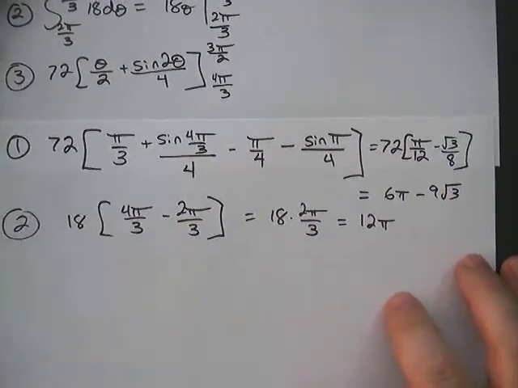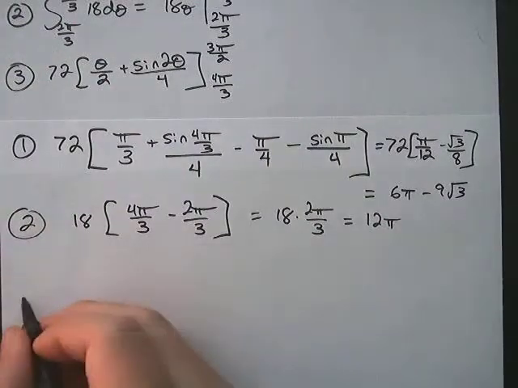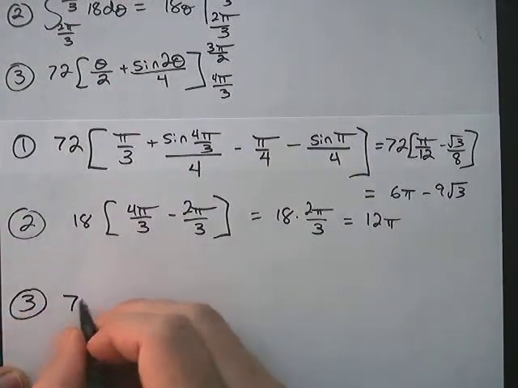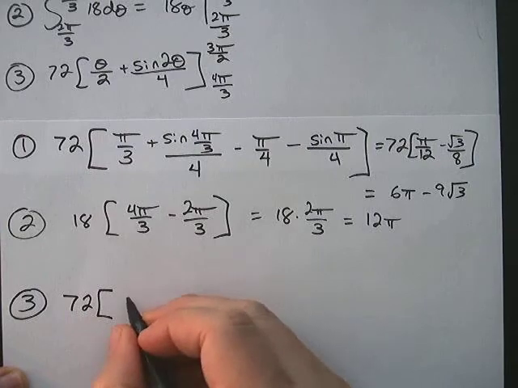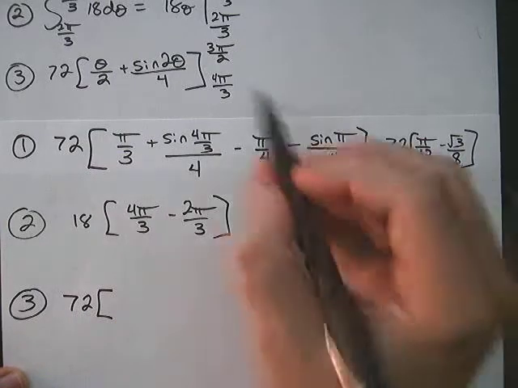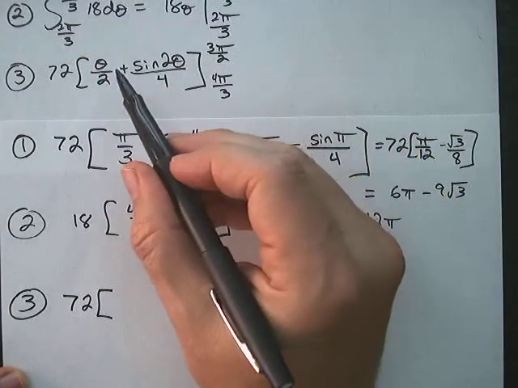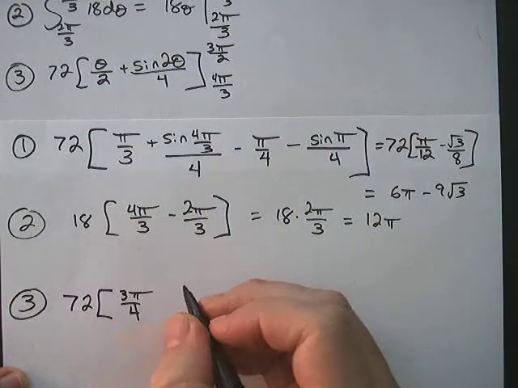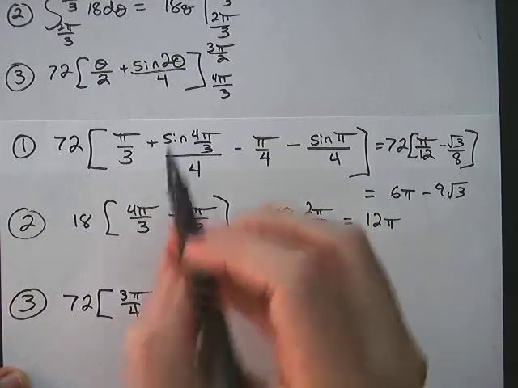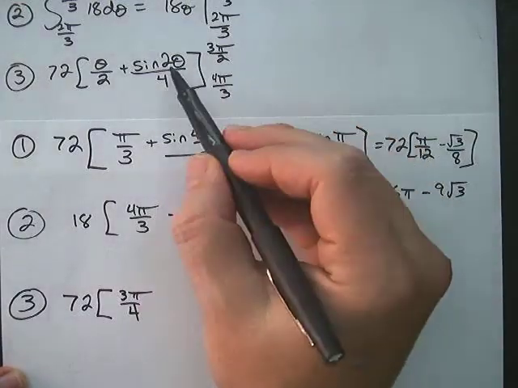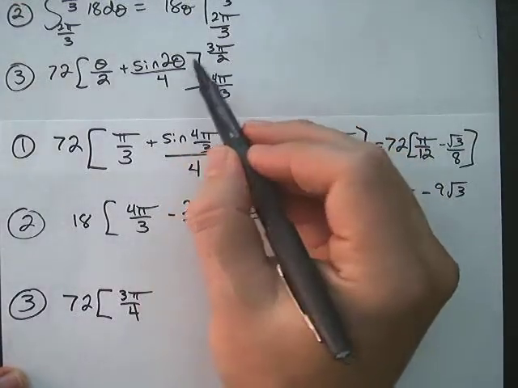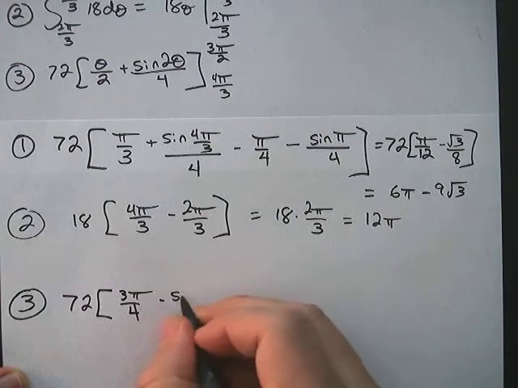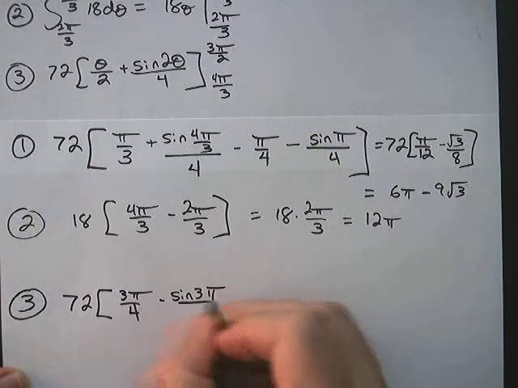All right, and now for the third one. Okay, so the third one we get 72 times, let's see, plug in the upper limit of 3 pi over 2 here, and that becomes 3 pi over 4. Okay, and then plug in the upper limit here, 3 pi over 2 here, the 2's cancel, and you're just left with 3 pi. So minus sine of 3 pi, don't forget the denominator of 4.